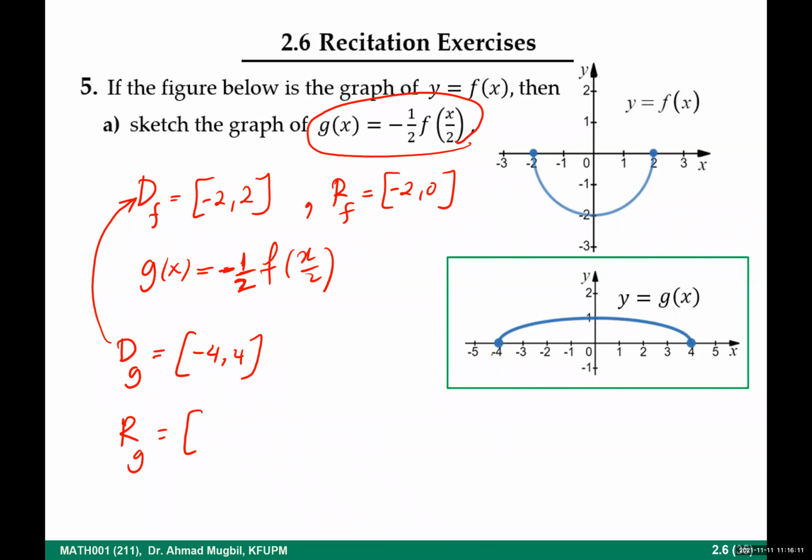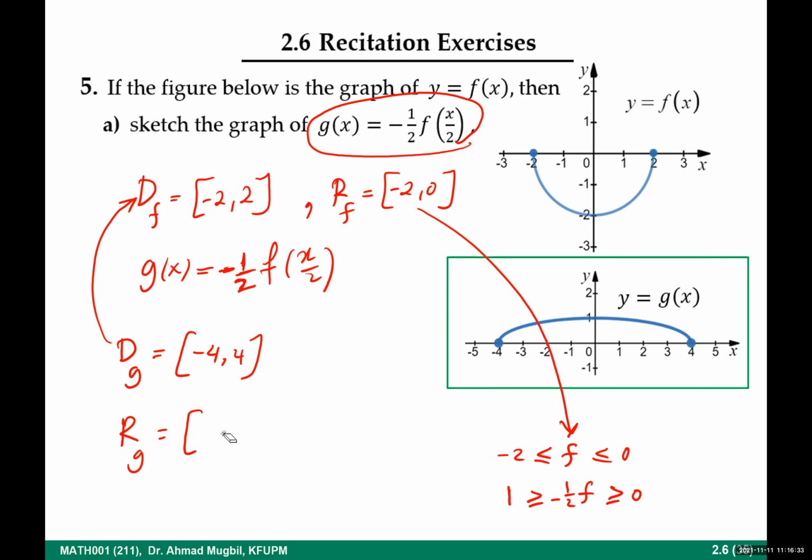Of course, here in this case, look here. If it is greater than or equal to -2, less than or equal to 0. Now, if you multiply both sides by -1/2, what will happen? We change the inequality. This will be less than or equal to 1, greater than or equal to 0.